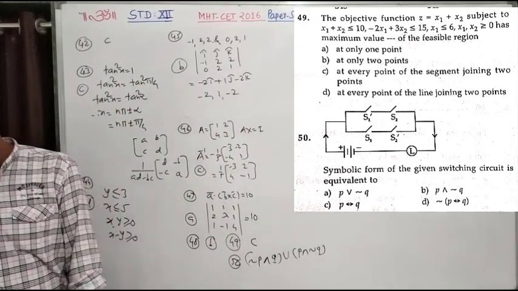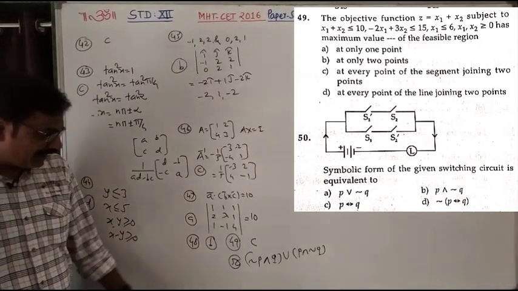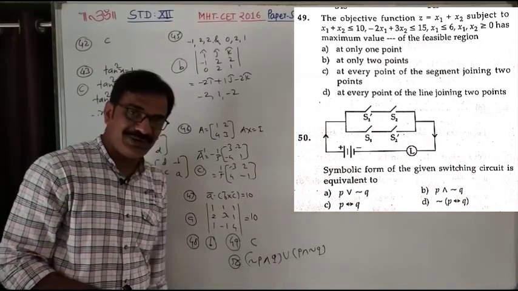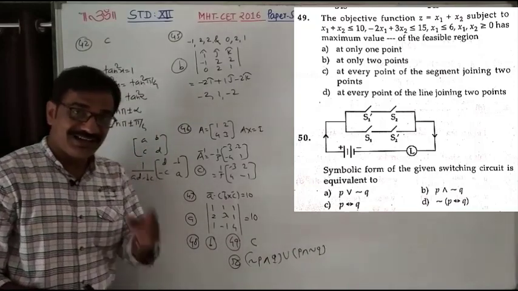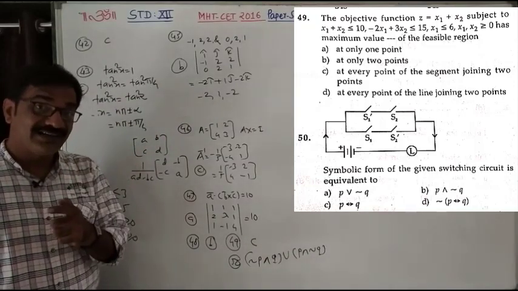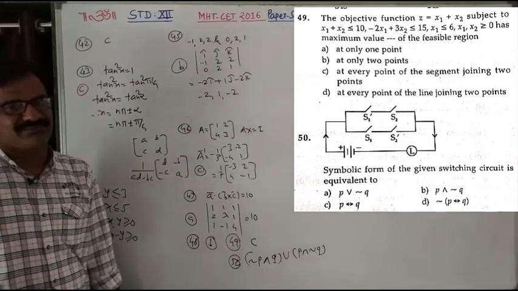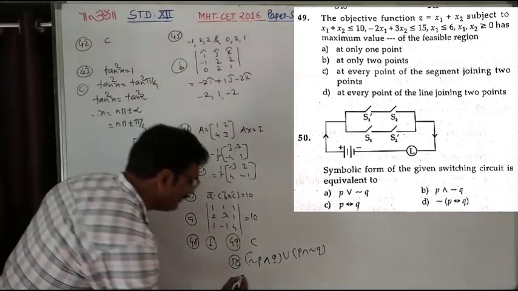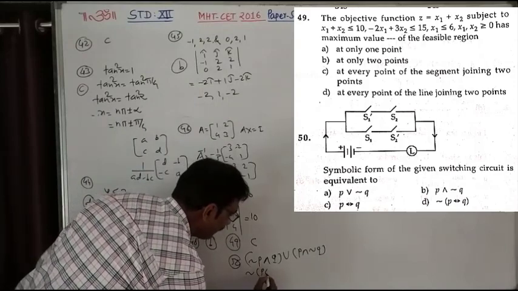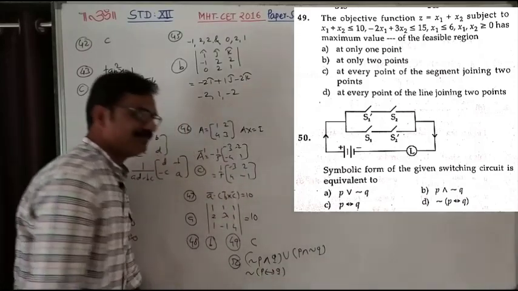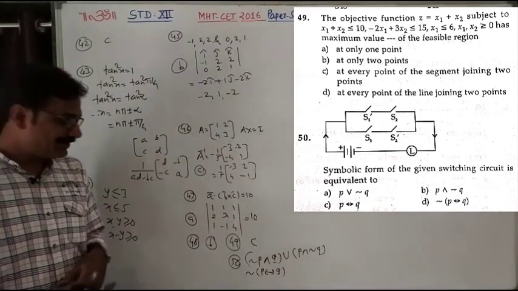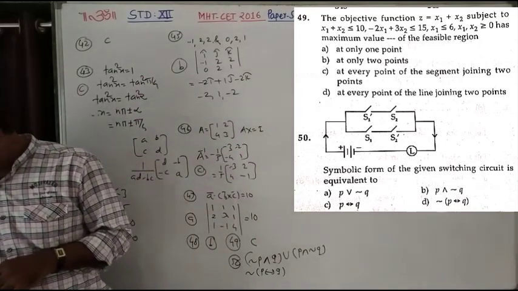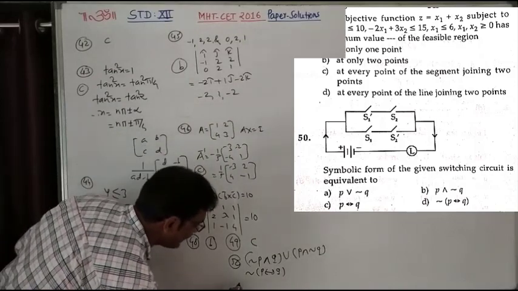You just simplify it. Negation of P and Q or P and negation of Q, it is nothing but by the laws of negations rule, it will be negation of P double implies Q. Question number 50. Yeah, the option is D.